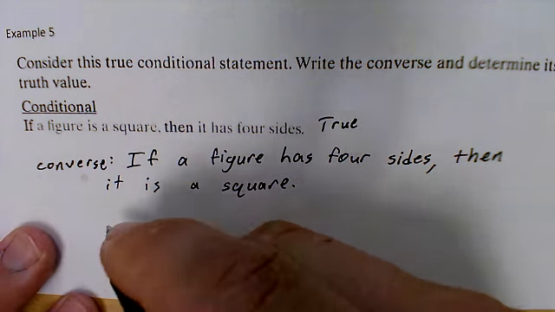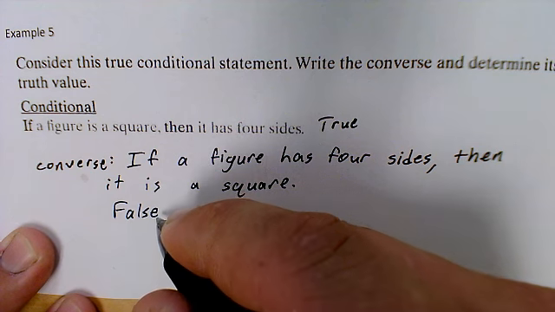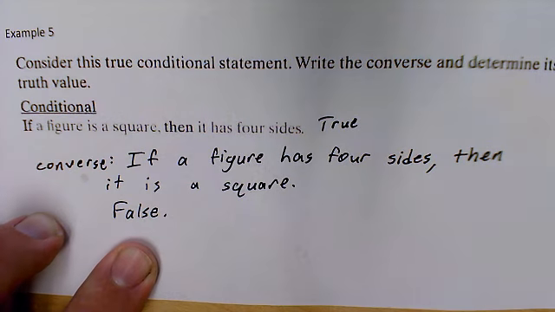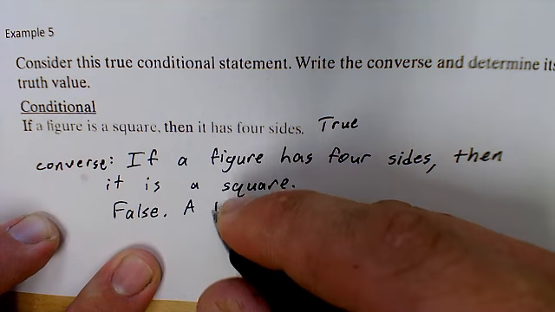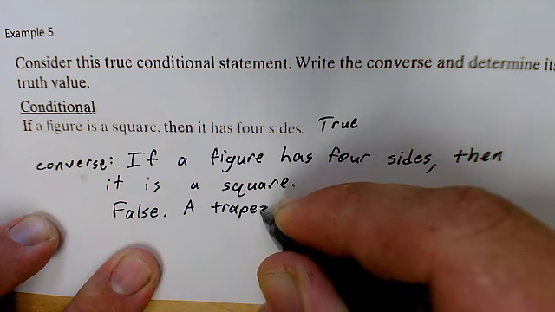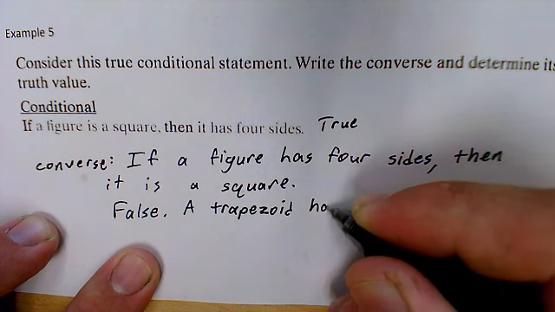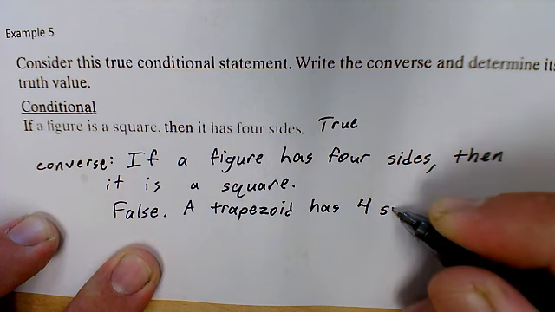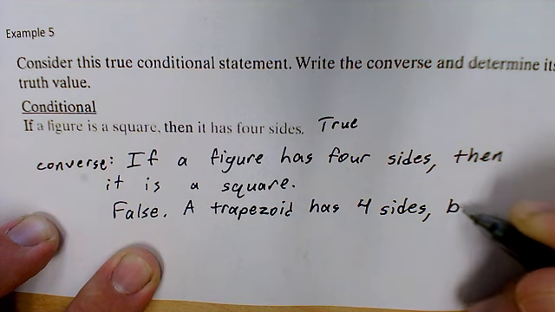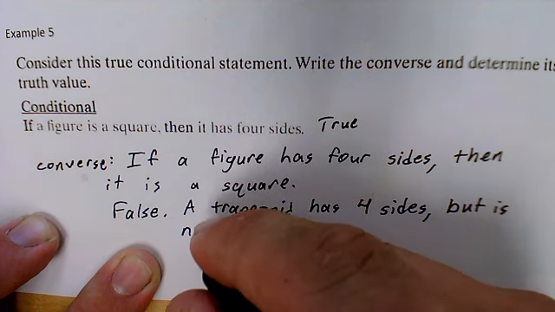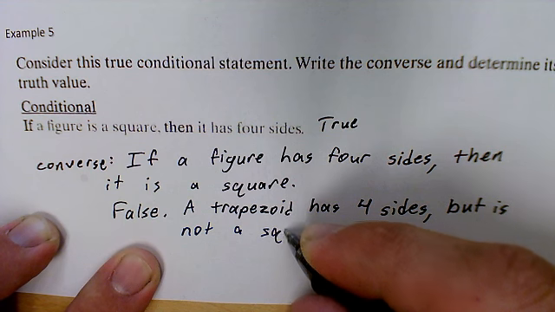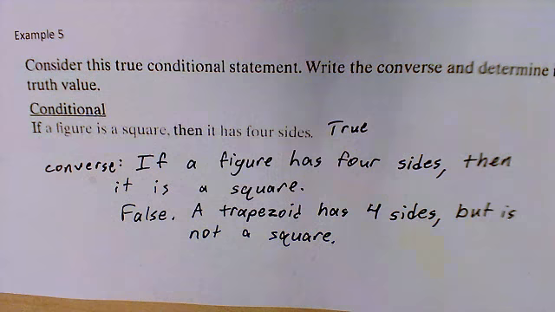Realize, though, this is actually a false statement. Now, when it is false, you do have to provide a counterexample. So my counterexample that I came up with was a trapezoid. A trapezoid has four sides, but is not a square. So if you were asked to define what a square is and you said a four-sided figure, you would be giving a bad definition because the converse of that statement is false.